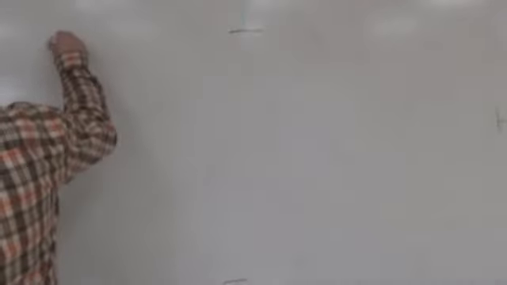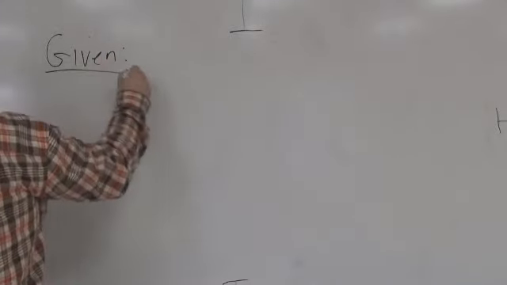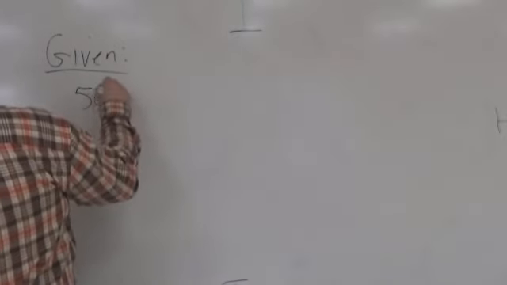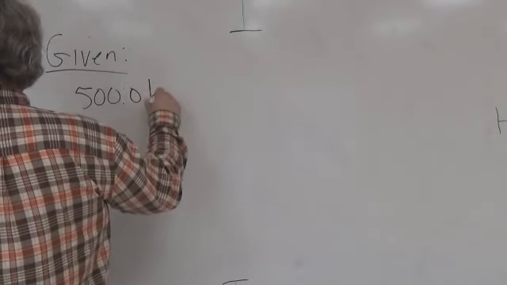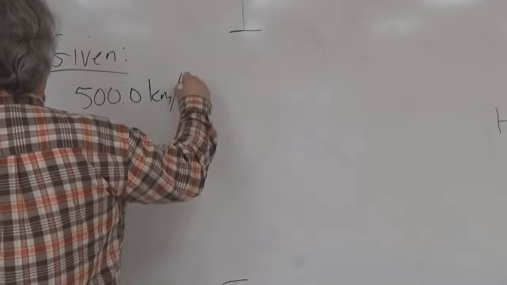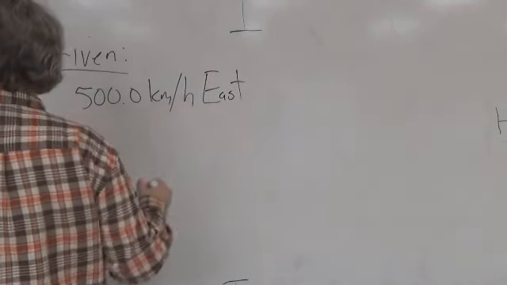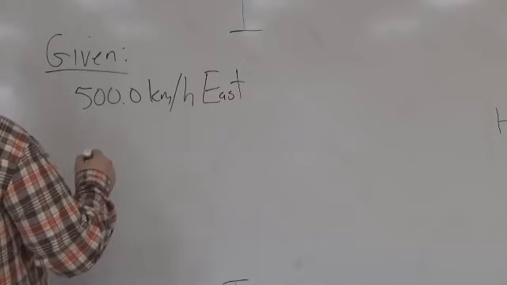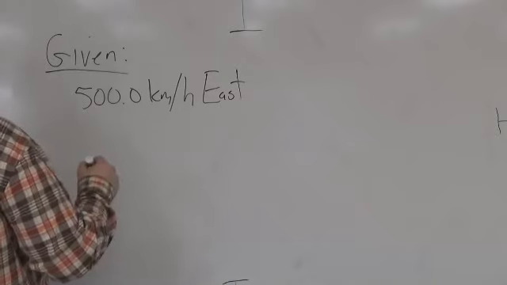So, the givens. In the given section, it says a jet is moving at 500 kilometers an hour east, where the wind is moving 120 kilometers per hour in the direction north of east.